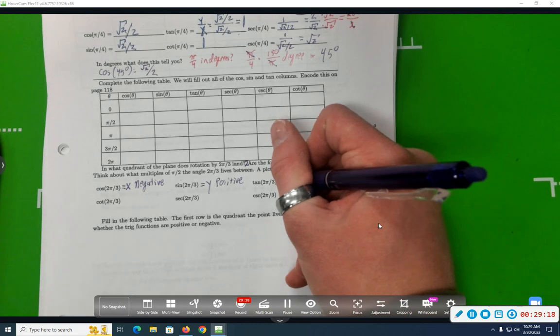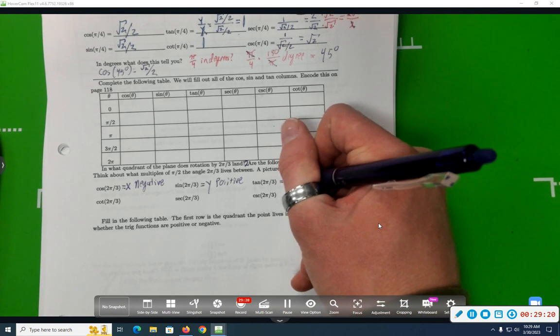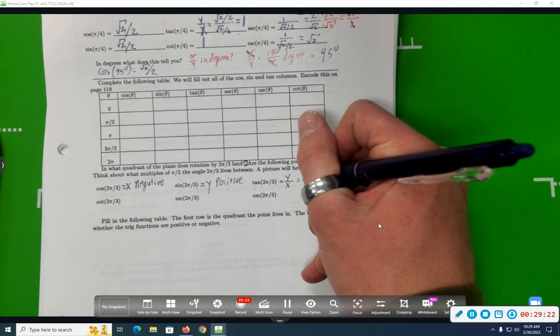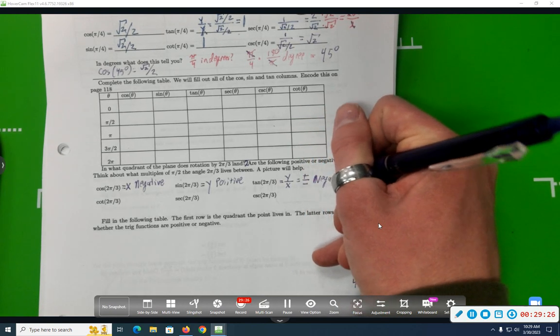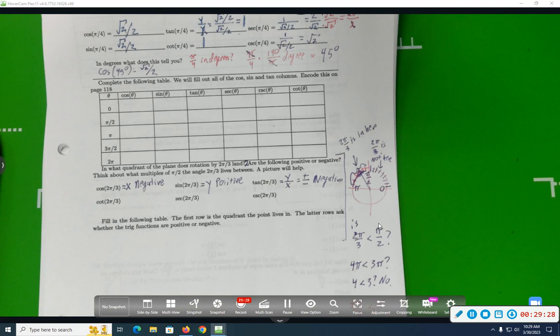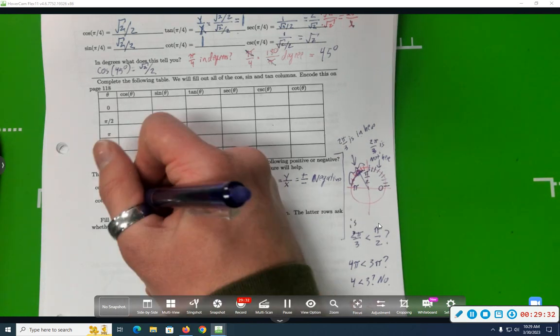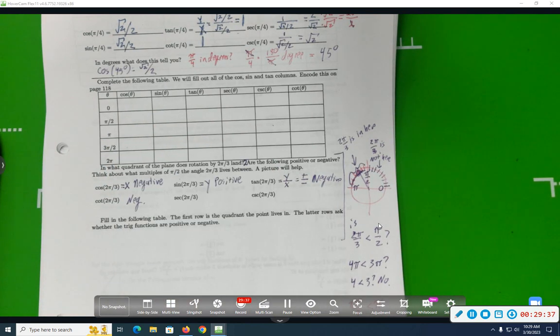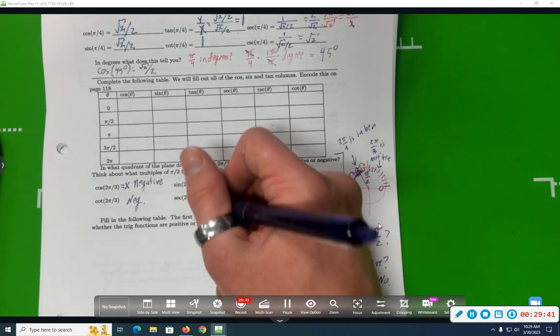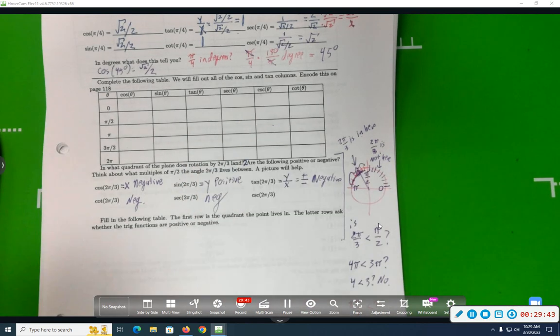It will be the y value divided by the x value. A positive divided by a negative is negative. Cotangent? Negative. Secant? Cosecant?